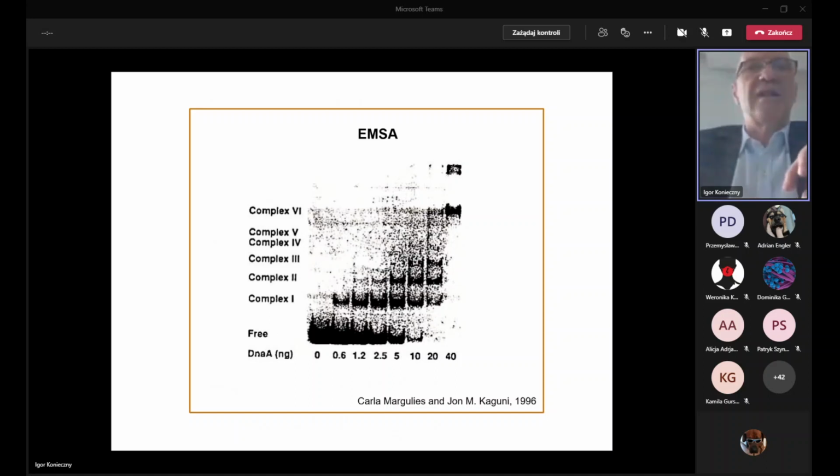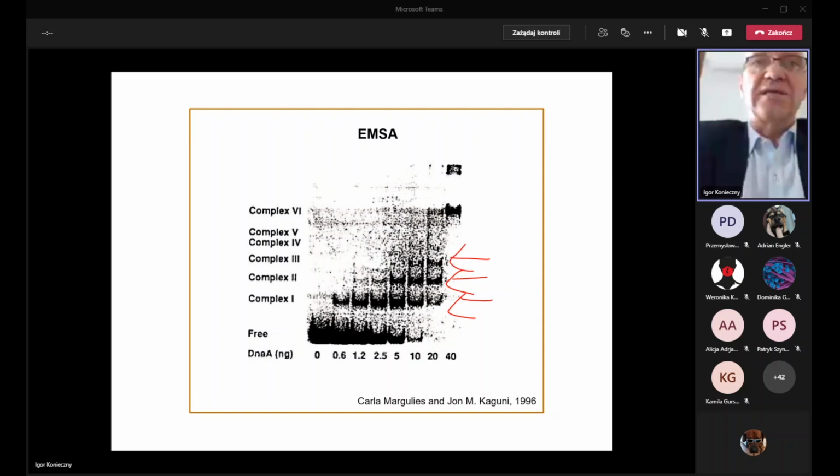This is just an original electromobility shift assay or gel mobility shift assay showing the complexes of DnaA protein with DNA. So you can identify these binding sites by using an in vitro assay with DNA fragments, and you can look at the retardation of those fragments in the electric field due to the different complexes assembled by DnaA proteins, and it was found in 1996.